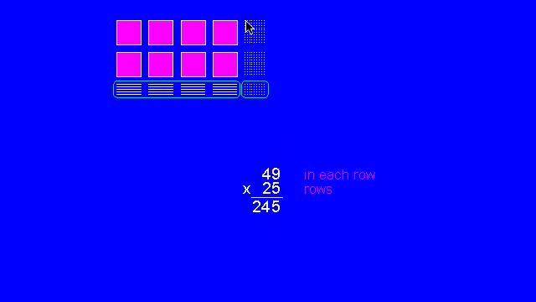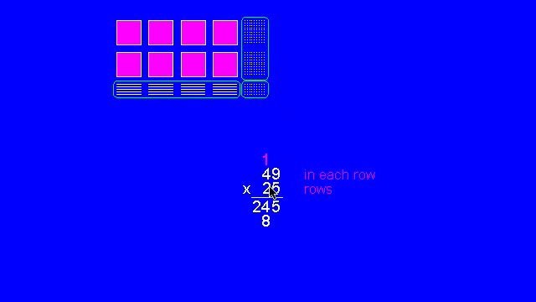So these are 9 here and these are rows of 10. So these are 9 groups of 10, another 9 groups of 10, so a total of 18 groups of 10. So we put an 8 in the tens column, and 10 of those tens carry over to hundreds. So that accounts for those.